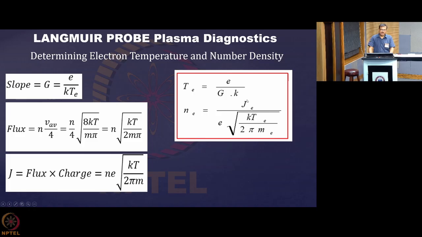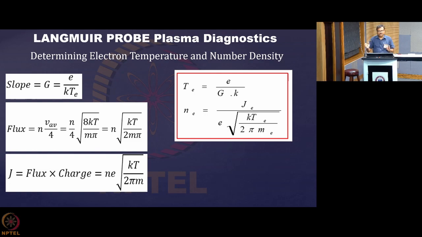Now you know from kinetic theory, if you have a gas, the number of particles moving towards one wall, suppose you have a rectangular chamber with 6 walls, top, bottom, left, right, front and back.